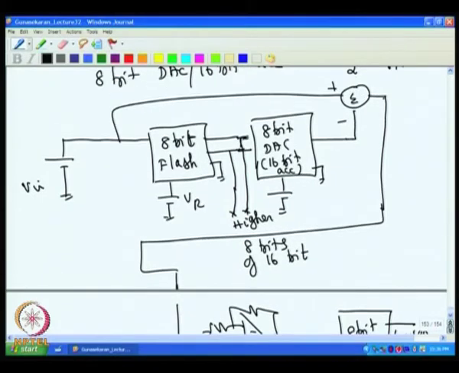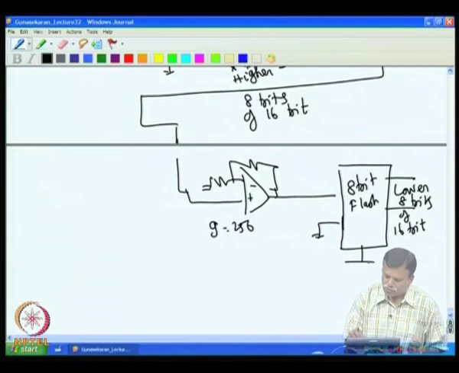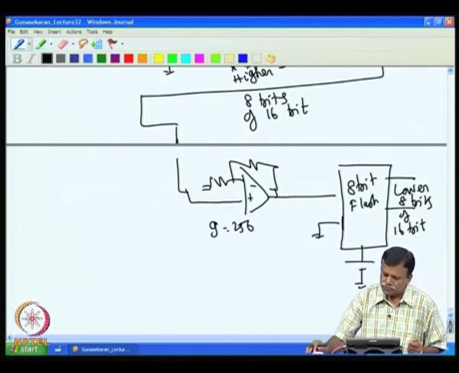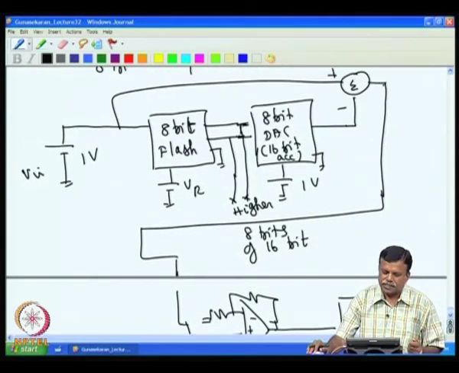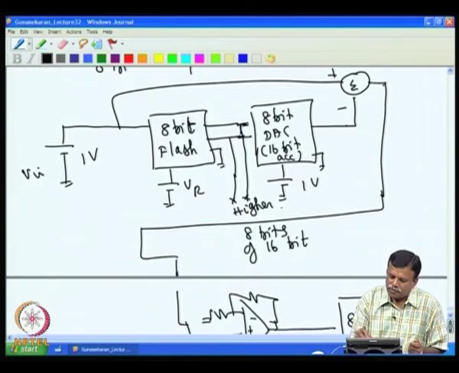Now, how is this working? For example, if I give 1 volt as input, and my reference is also taken as 1 volt, and for this also I take it as 1 volt. Then if you analyze the circuit, the 8 bit converter would have converted this and given all of them equal to 111 and 111, and of course, this also has to have 16 bit accuracy. 16 bit accuracy is required.